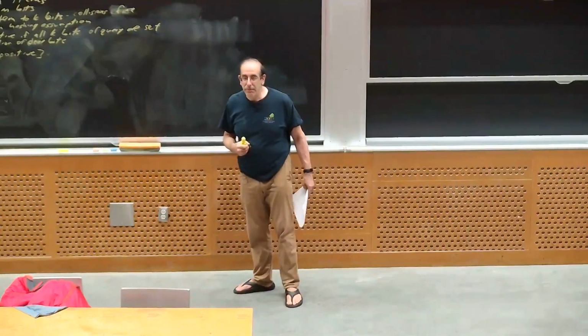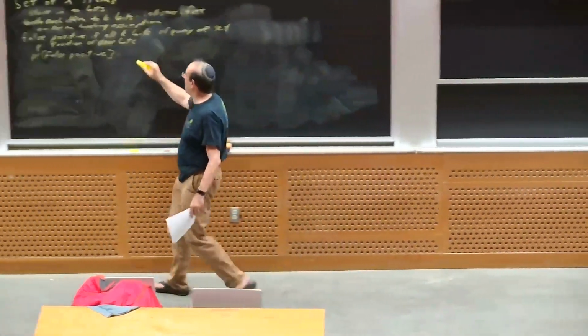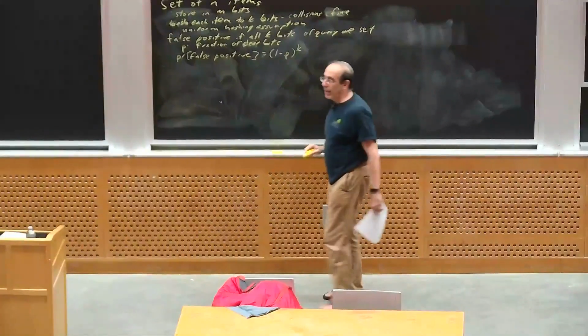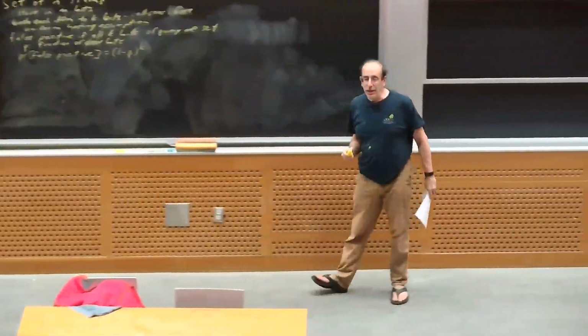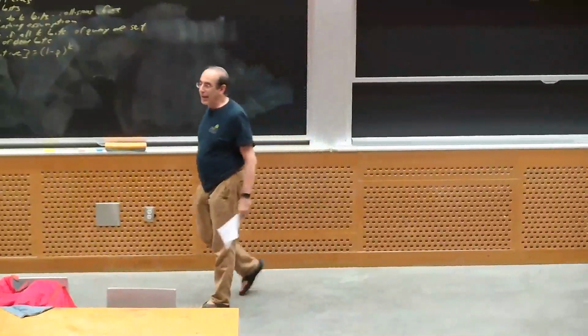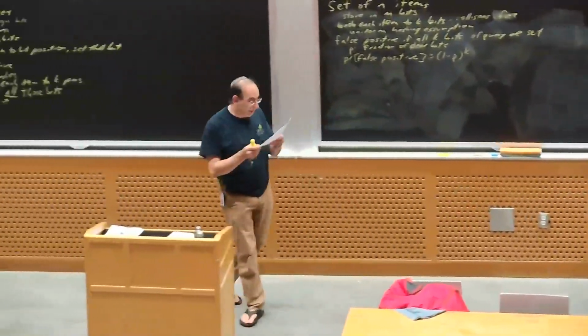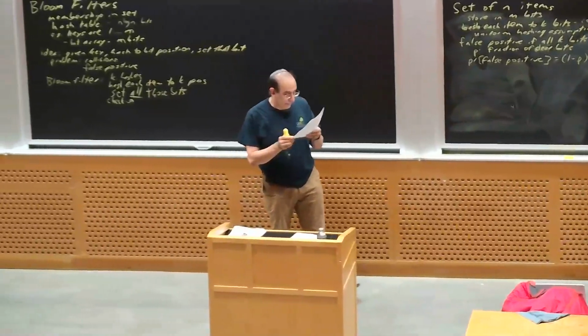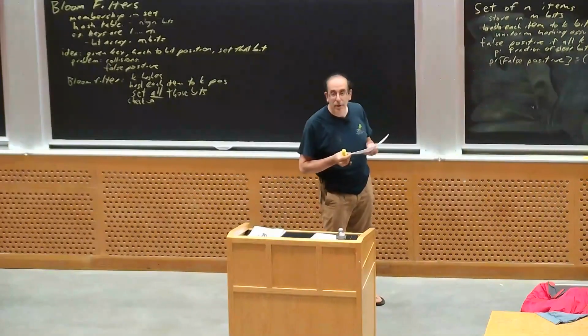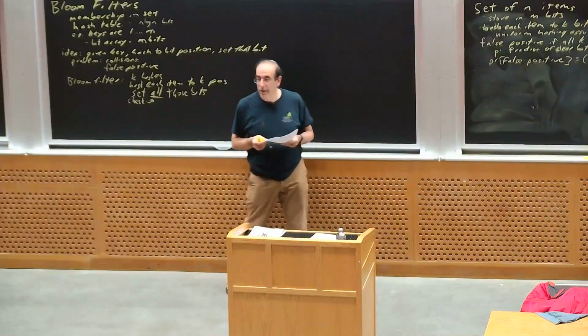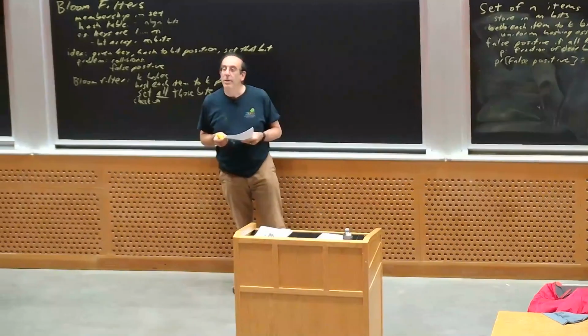Exactly. Okay, so now we just need to figure out p. How do I know what fraction of bits is clear?